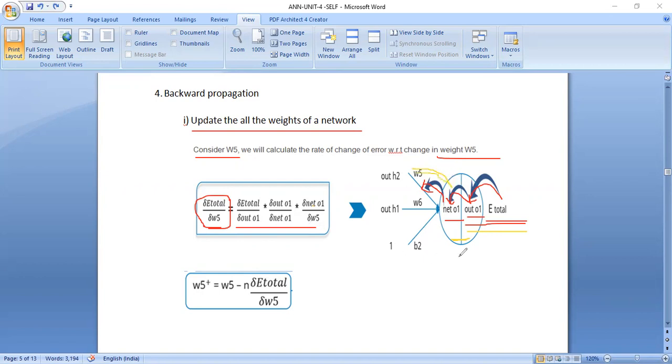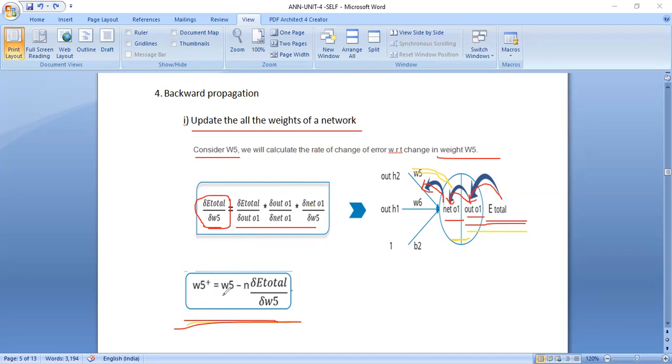These are the three functions. If you calculate these three, you will get the error rate at W5. After computing this formula, you update the W5 value.